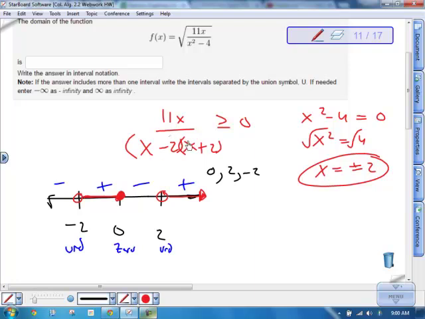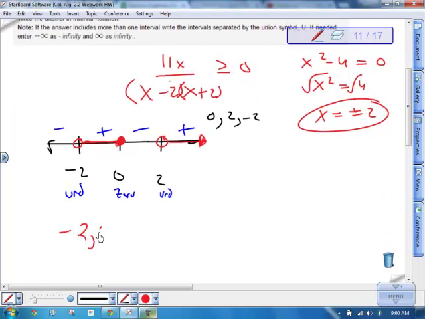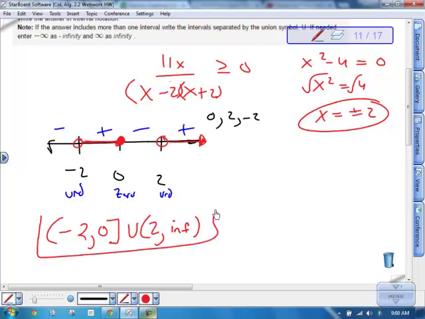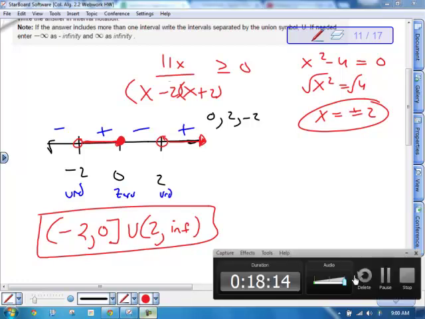All right, so by making sure that this was positive, we found the domain. And as an interval, that would be -2 all the way up to 0, and I could include -2, as well as from 2 all the way up to positive infinity, which you might have to enter in as INF. And I can't include 2. So that's my answer right there in interval notation for the domain of this function.